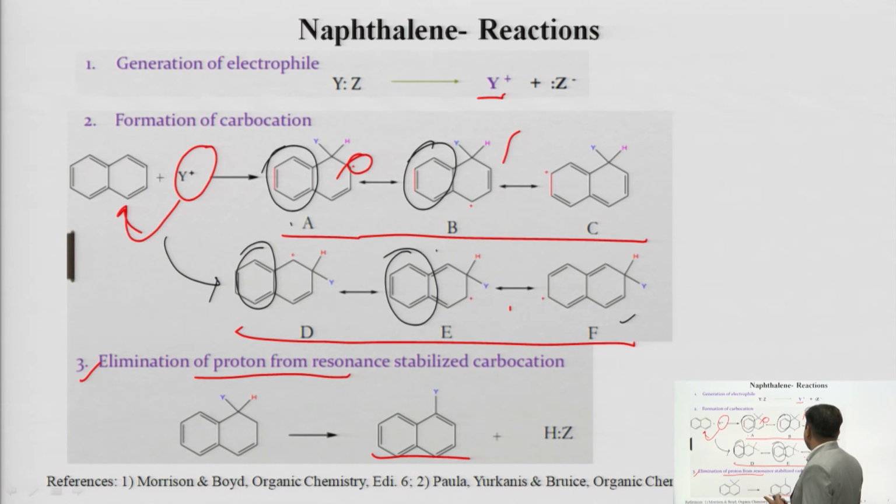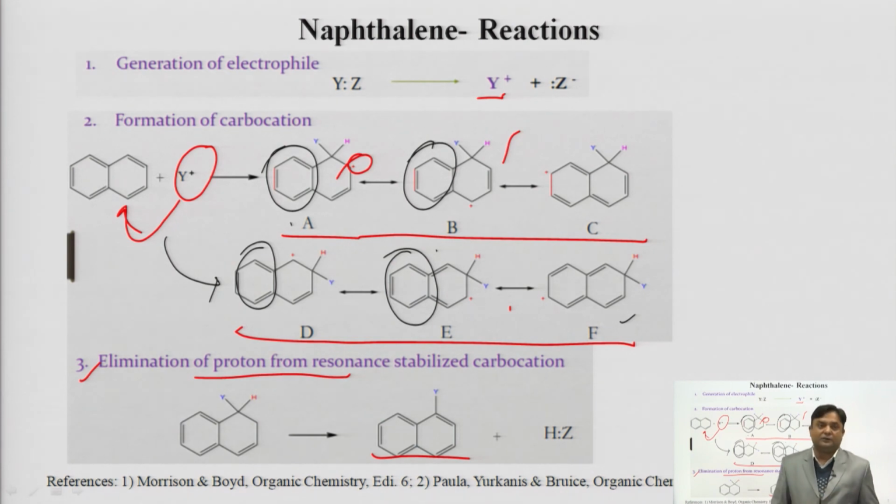What is the difference out there? Here we have to say that the stability of a carbocation is defined by 2 or 3 things. First of all, we will see the nature of the carbocation. A tertiary carbocation is always more stable than a secondary, which in turn is more stable than a primary. If these conditions are similar in both the cases, then we will see how many benzene rings are intact in how many structures, meaning whether octets are complete or not in the structures.